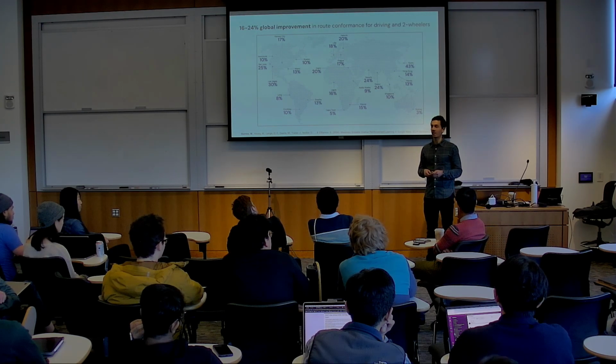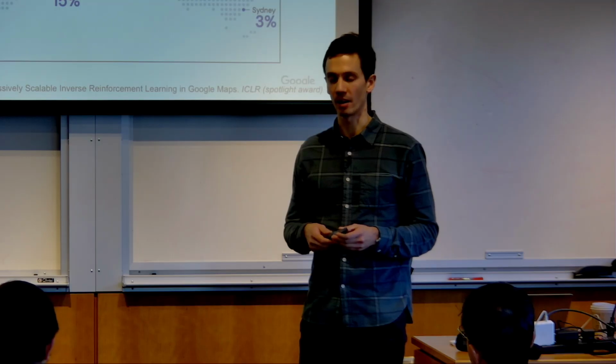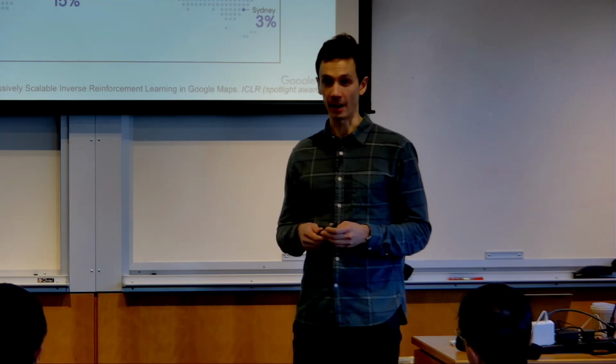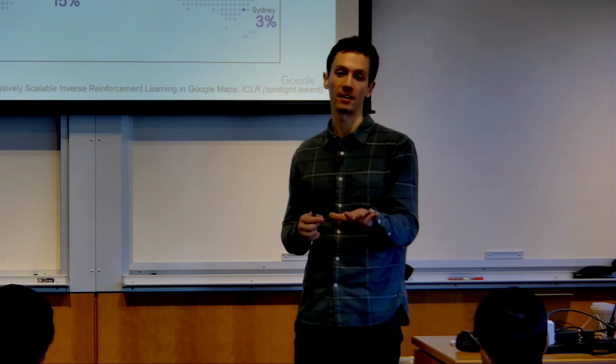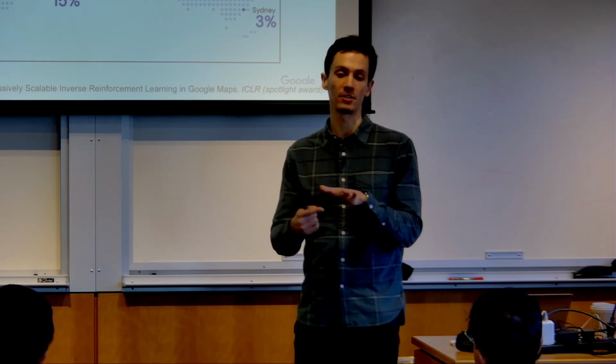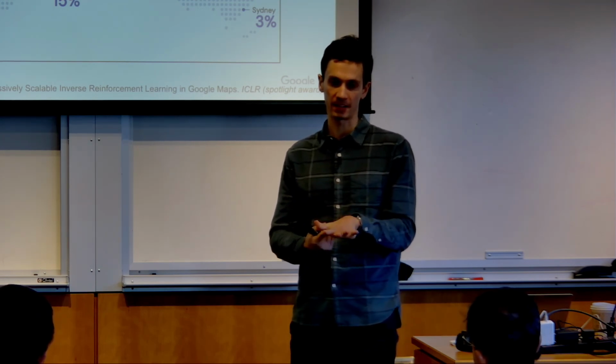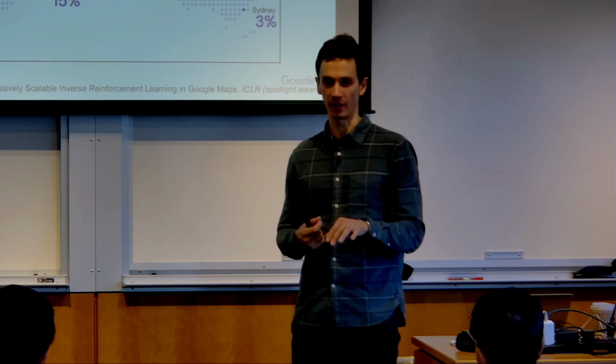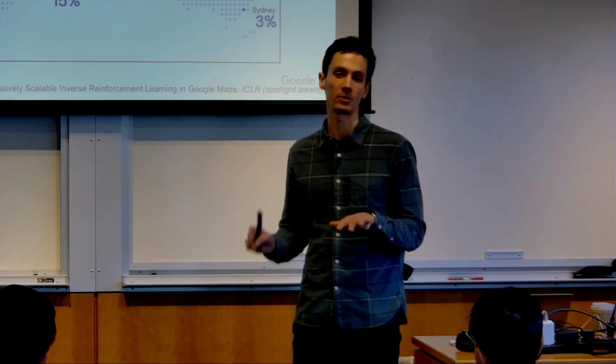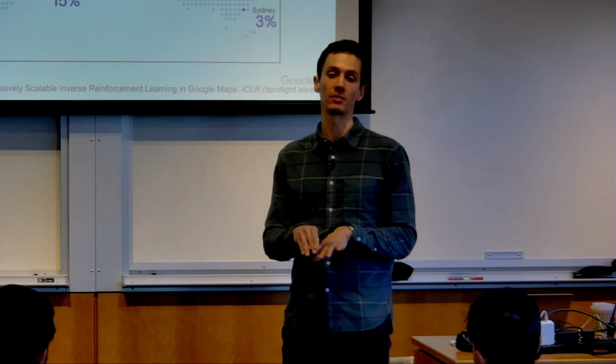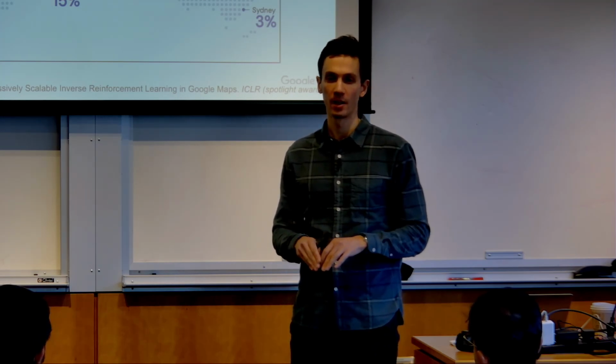Yeah, so there's 2 different variations of this metric. There's an offline one where we just take a static data set and we say, if we take a policy, what percentage of the routes agree with this policy based on the static data set? And then there's also the online version, where we take the policy and roll it out in the real world, and see which percentage of routes actually agree with that policy in the online world.